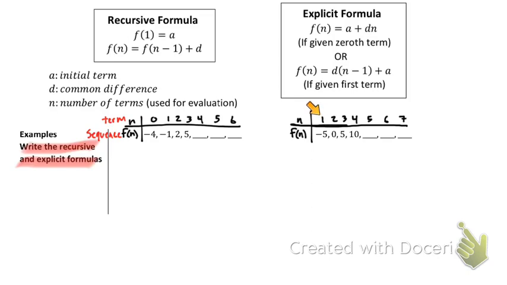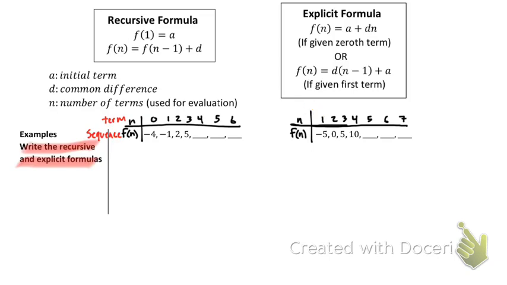This sequence over here has an initial term of 1. This is very important because it's going to signify what formula we use here. And it'll also determine what number goes right in here in the recursive formula. So, very important that we figure out what is my sequence, what's the initial term. Is my initial term a 0 or is my initial term a 1?